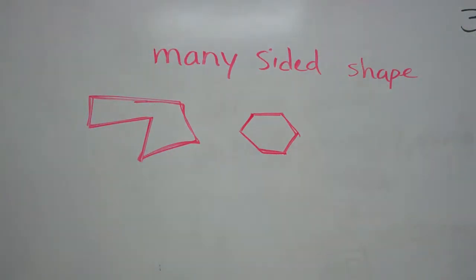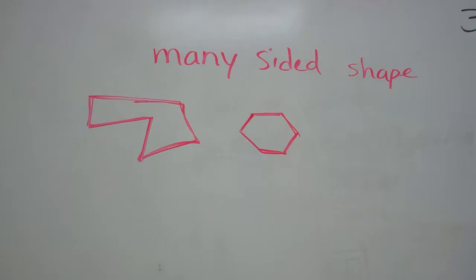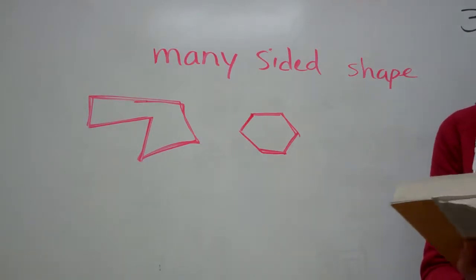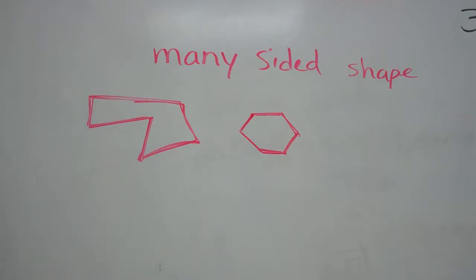Quadrilateral. Quad meaning 4. Very good. What is a 5-sided polygon called? Pentagon. 6. Hexagon. 7. Heptagon. 8. Octagon. Very good.